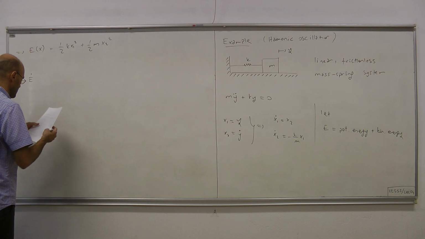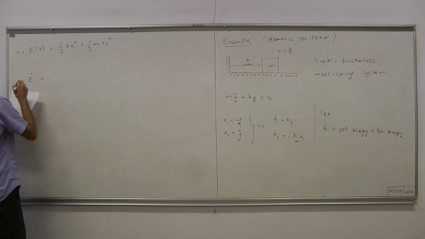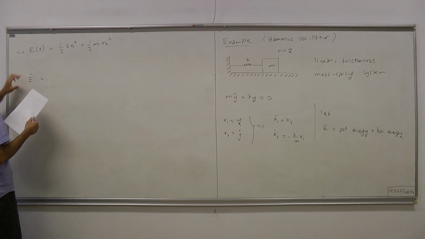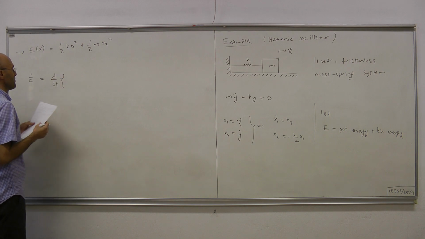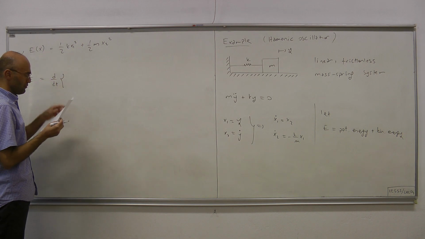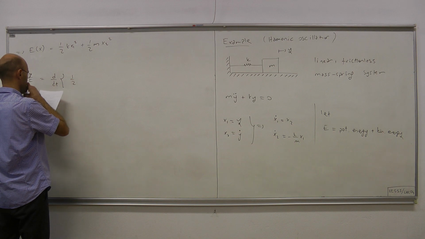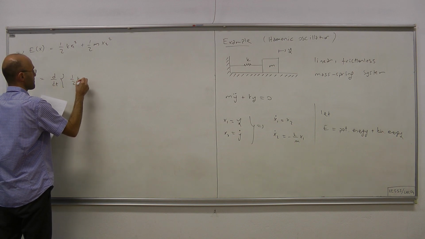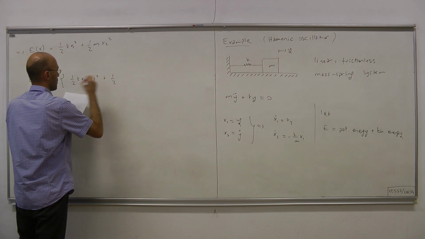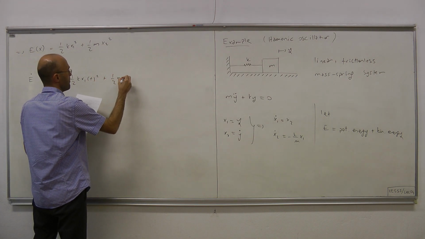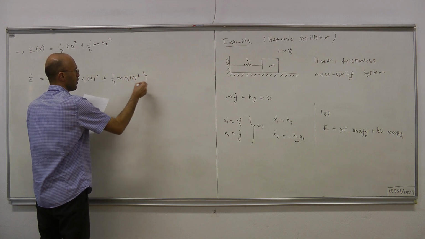And what's E dot? E dot is the time derivative of E, d over dt of E of x of t, which is 1/2 k x1 of t squared plus 1/2 m x2 of t squared.